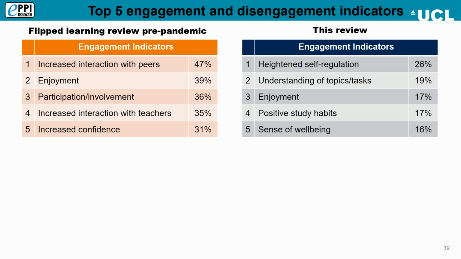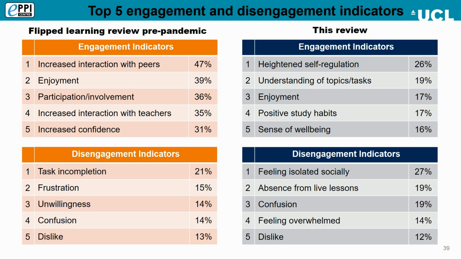When we compare the disengagement indicators then, it's perhaps quite interesting to see that the percentages aren't all that dissimilar. And so there's that difference in, again, the social isolation being quite high, but feelings of frustration and confusion are really quite similar in terms of the frequency that they were reported in these particular studies.